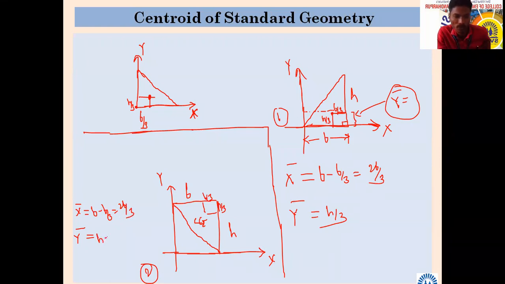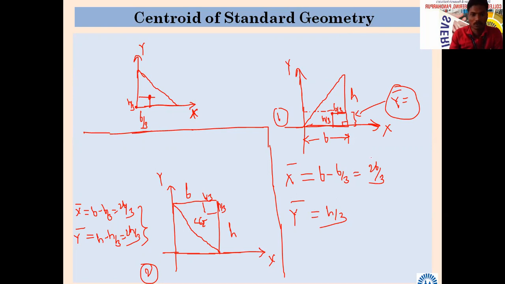Similarly, h minus h by 3 equals 2h by 3. So you should be able to find this.